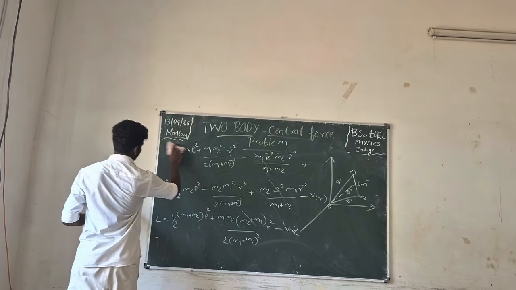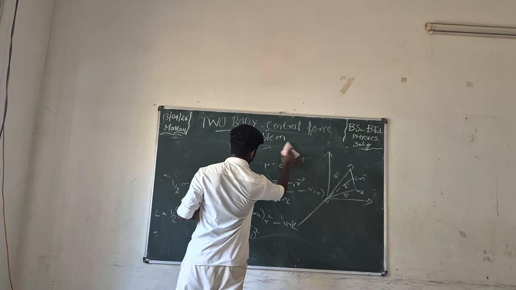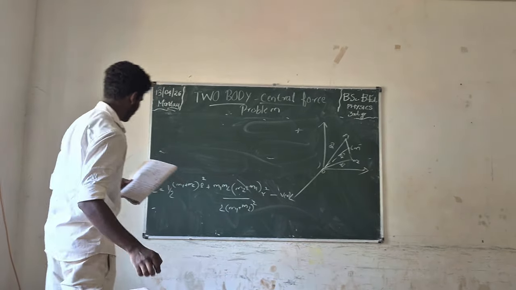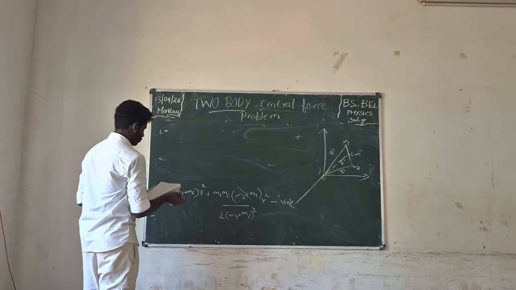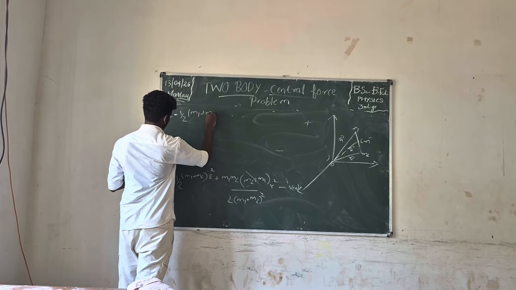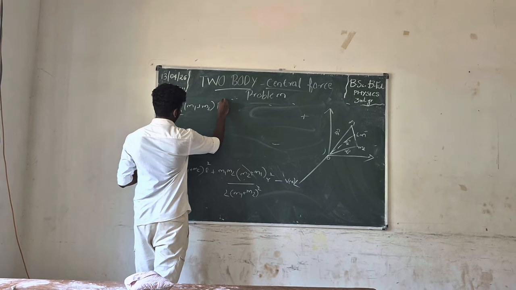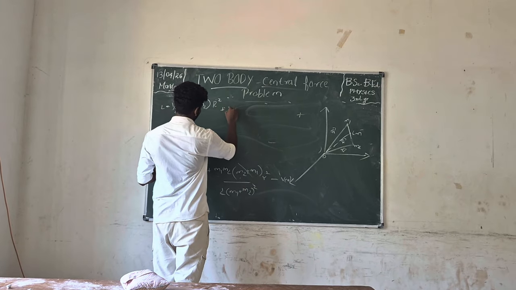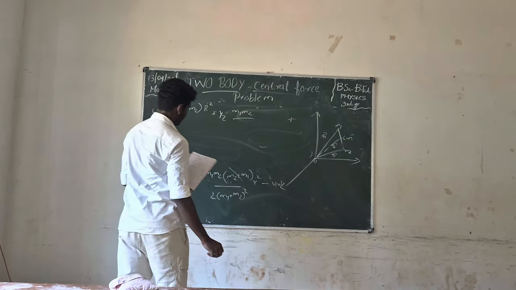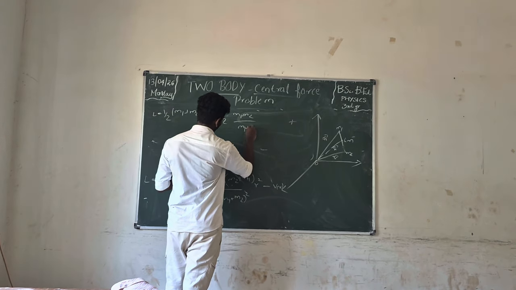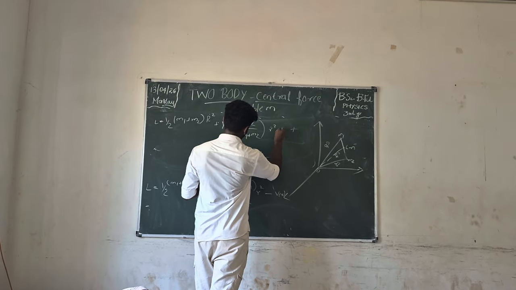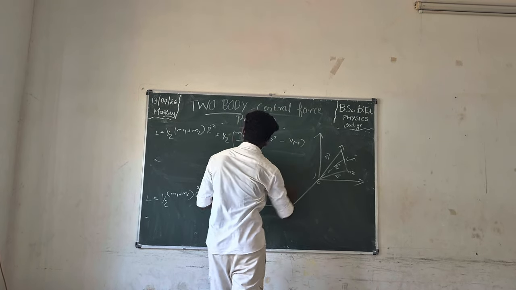So we can write it as L is equal to half into m1 plus m2 R dot square plus half into m1 m2 divided by m1 plus m2 into r dot square minus V of r.